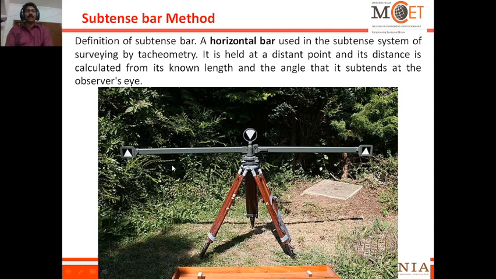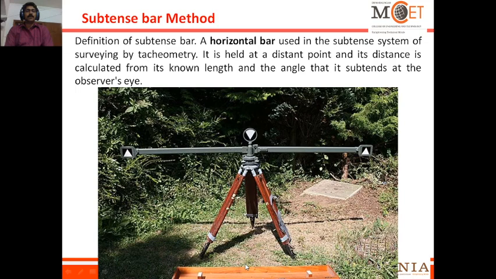How can I determine the distance? Here we require the normal theodolite. Even the single cross hair, the middle hair alone, is enough. So I have to focus from the instrument position to either this side or this side, so I can get the horizontal angle between these two, and this distance I know, right?